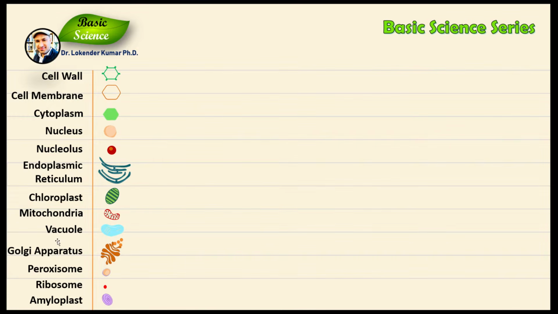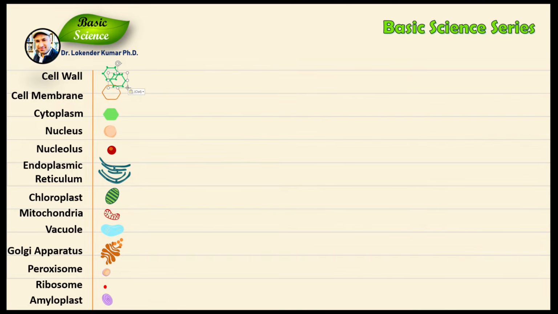What I'm going to do in this video is design the plant cell using these components, and I'm going to discuss the functions of these components one by one so that you can understand the whole composition of the plant cell and also understand the different functions of each component of the plant cell, right? So let's start with the cell wall.